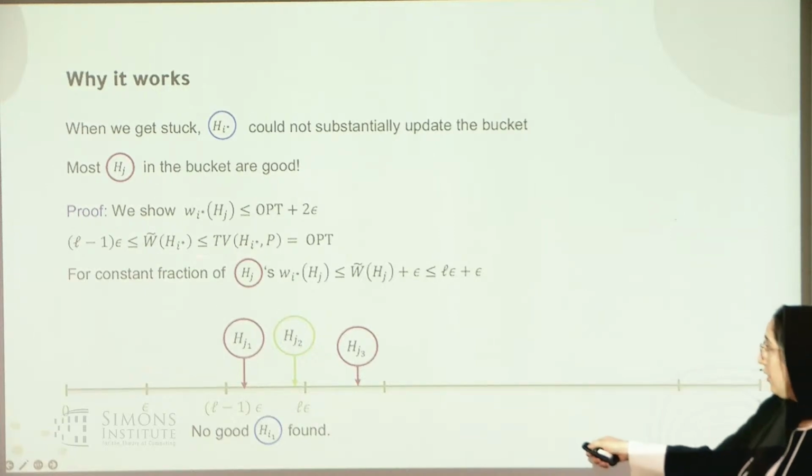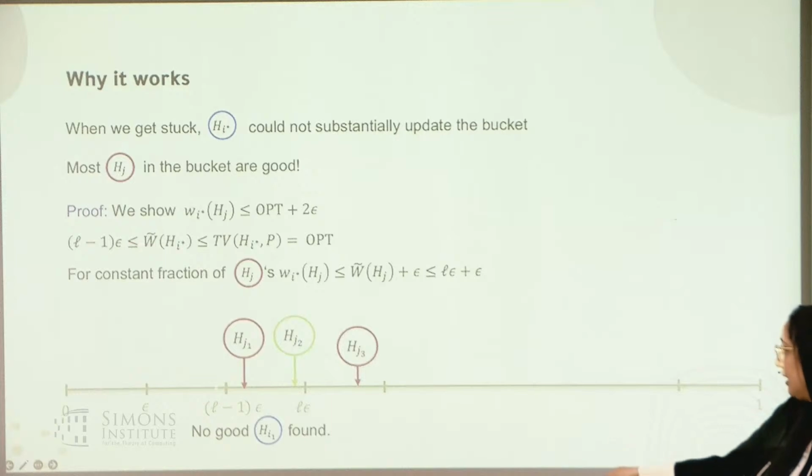So when its current score is high, it means that it's higher than the lower bound of this bucket. And as I mentioned, the score is always smaller than the TV distance, which means that the boundary of this bucket is a lower bound for opt. So I have a lower bound for opt, which is nice.